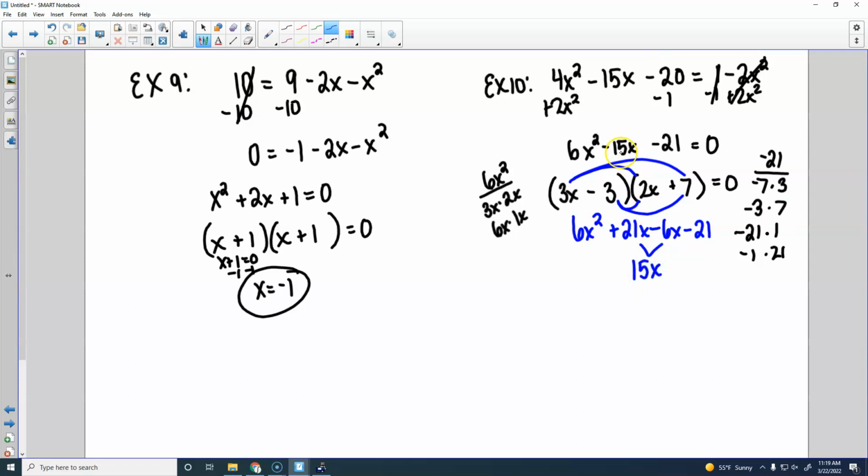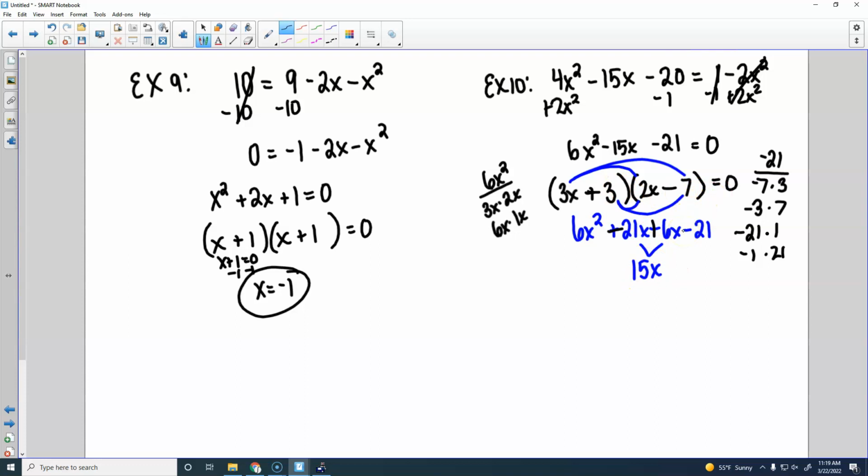Is that correct? No. But we're really close because we're trying to get a negative 15x in the middle there. So we just got to switch the signs. So we're going to make this one here positive, and we're going to make that 7 there negative, and that will change our signs and cause us to work.